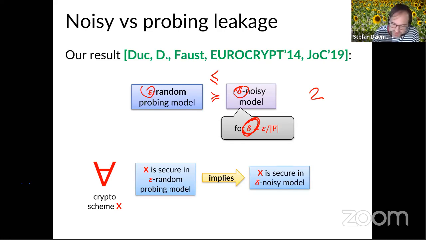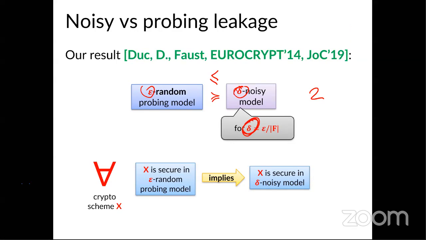Because I think what you are aiming at is the problem that if you have a constant fraction of bits leaking, then even ISW is not secure, because if you leak a constant fraction of wires from the square that you have in ISW, then you leak your secret. So I think it's simply a question of finding a better, more realistic model than the noisy leakage model that would still allow proofs. So if this answers your question.